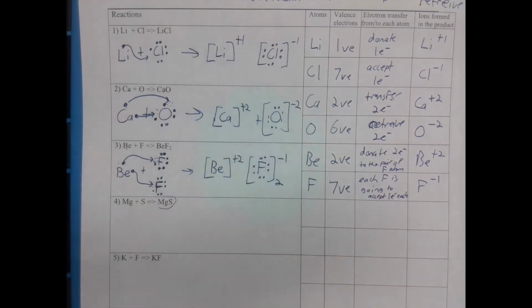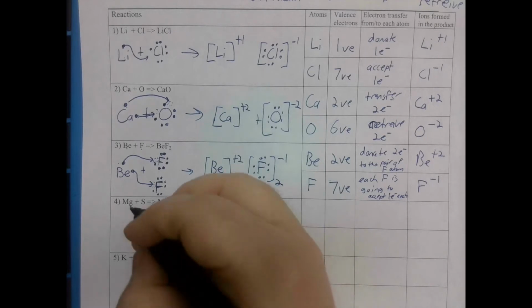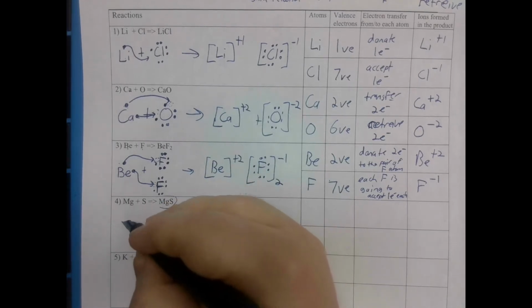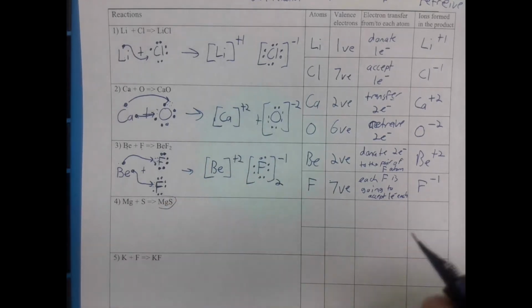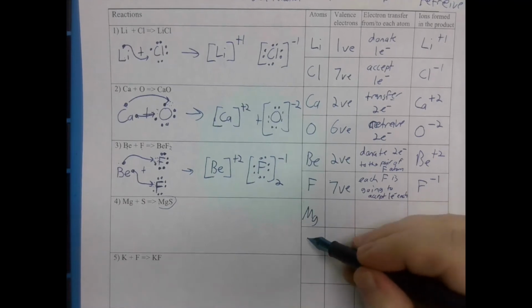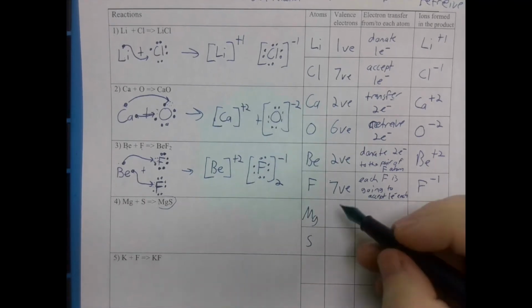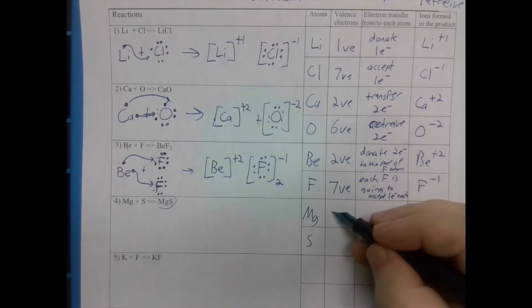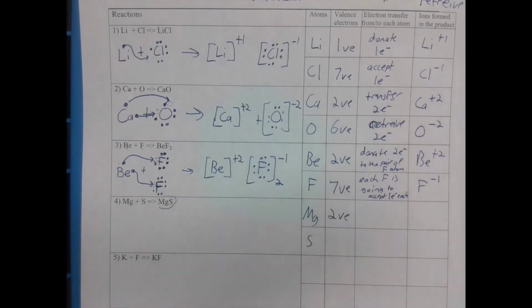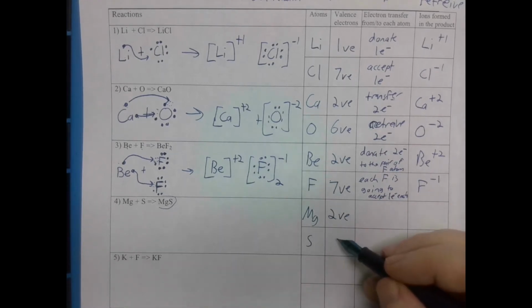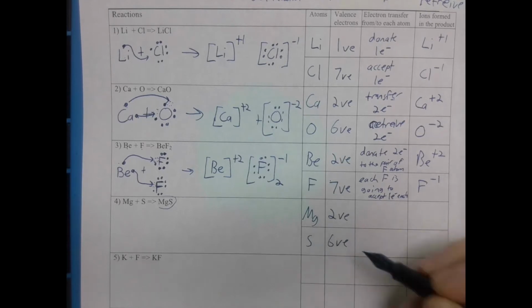As you can see, 2 fluorine is in the equation. So magnesium, it has how many? So we have magnesium and we have sulfur. Magnesium has how many valence? It has 2 valence. It's in 2A group. Sulfur has 6 valence.